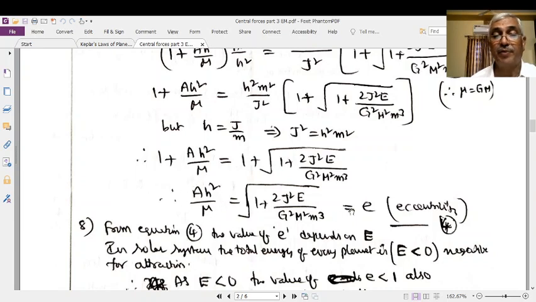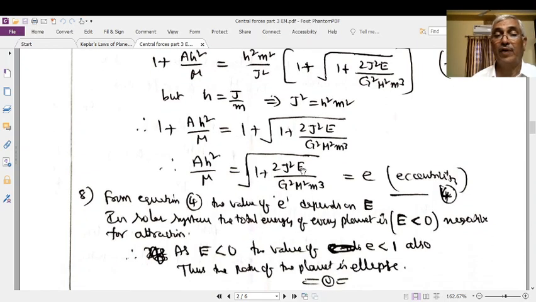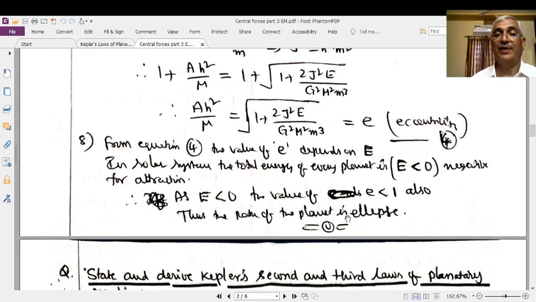H square by mu is the eccentricity, and this eccentricity is now this one. And we know that total energy is a negative quantity, which means you will get minus here: 1 minus something, which is less than 1. Root of less than 1 is also less than 1. Therefore, eccentricity is less than 1.